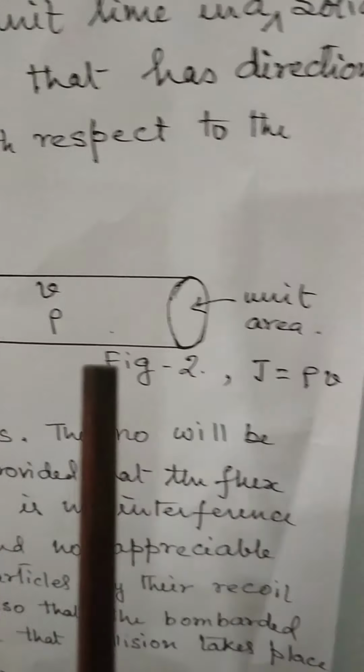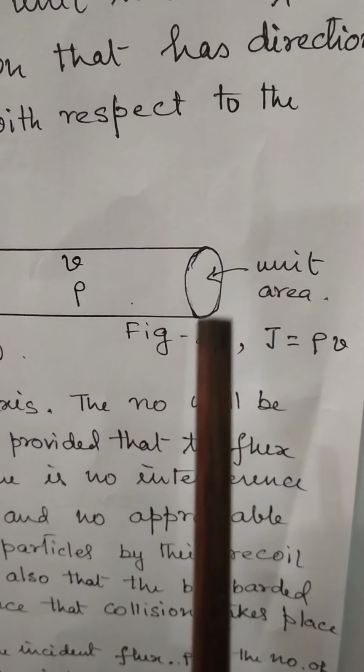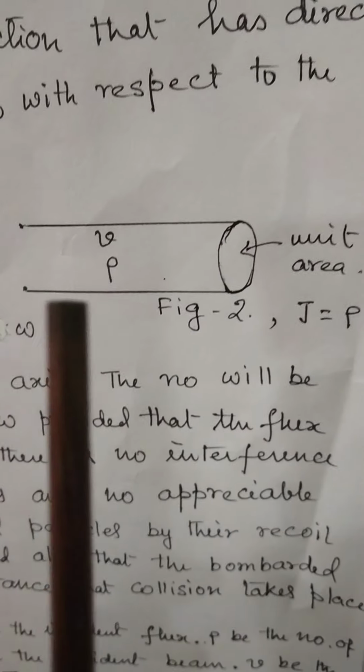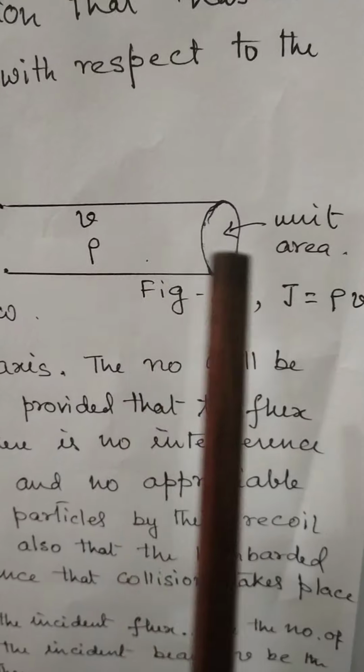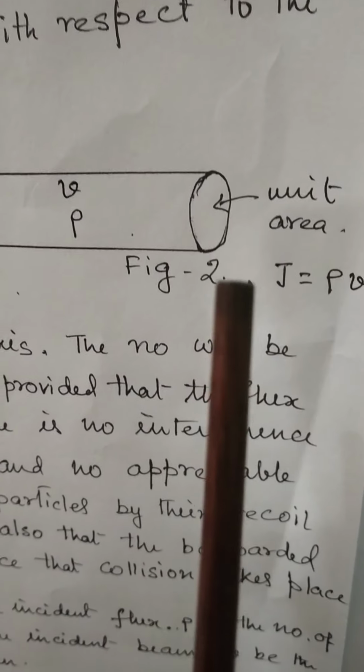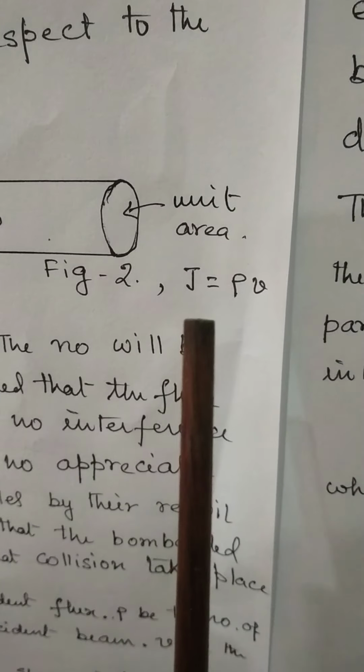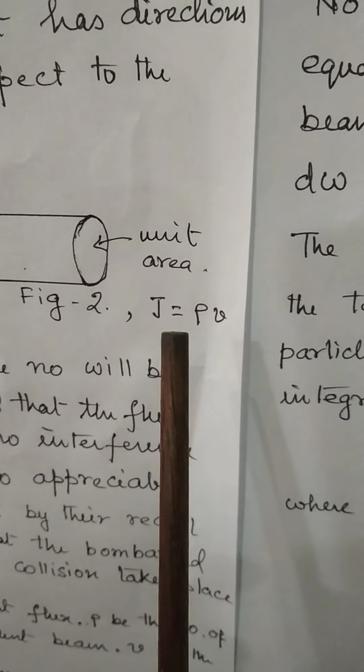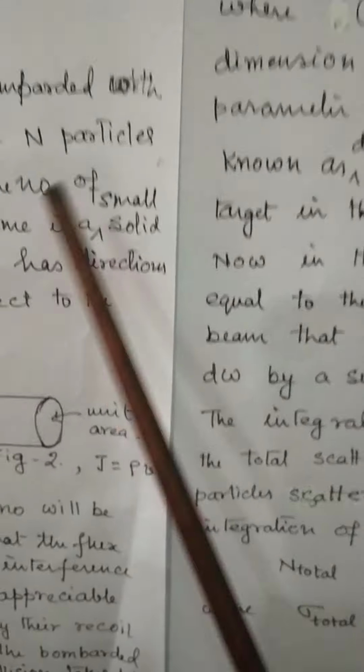So this is the unit area taken here. V is the velocity of the particles, rho is the density, and J is the current density. Then J is given by rho into V.